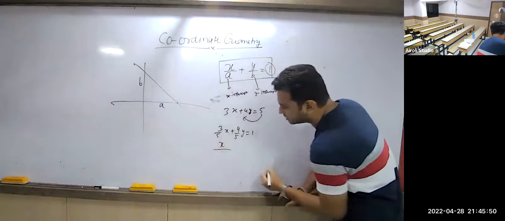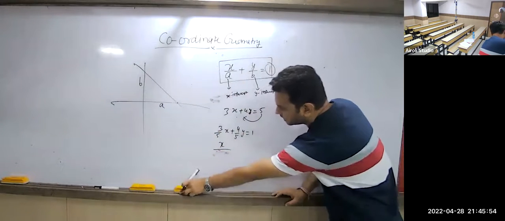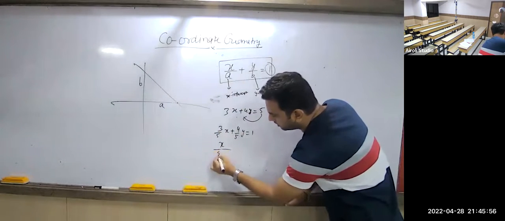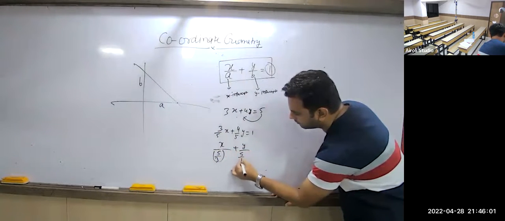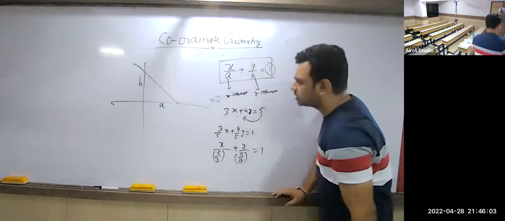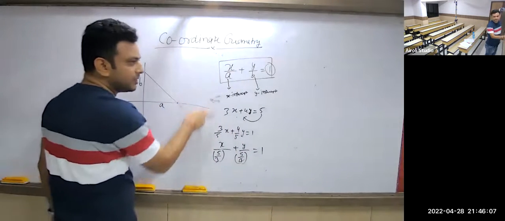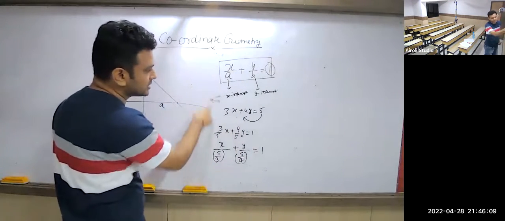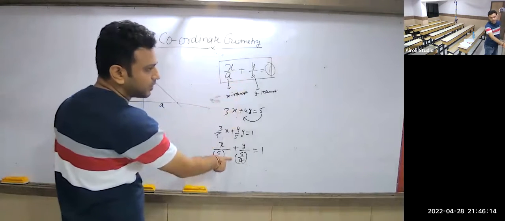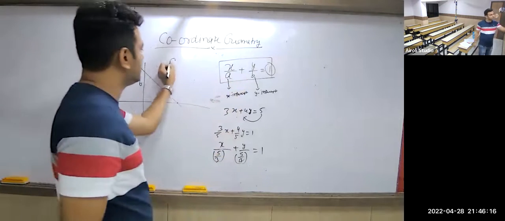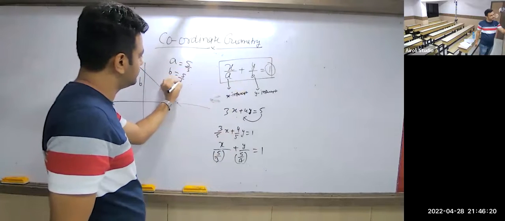So it can be written as x upon 5 by 3 plus y upon 5 by 4 equals to 1. Now can I compare these equations, standard form and required form? So a will be equals to 5 by 3 and b will be equals to 5 by 4. So I'll get a value as 5 by 3 and b value as 5 by 4.